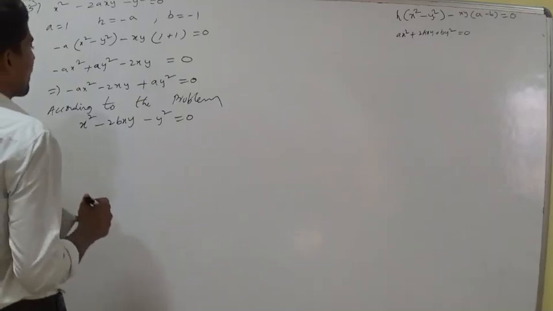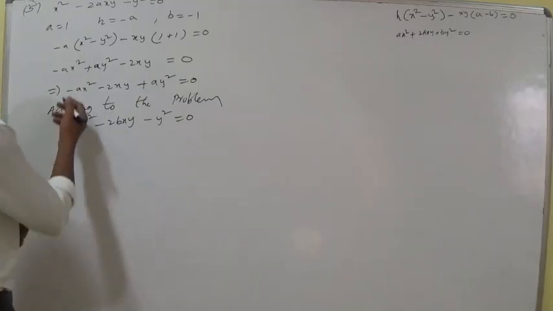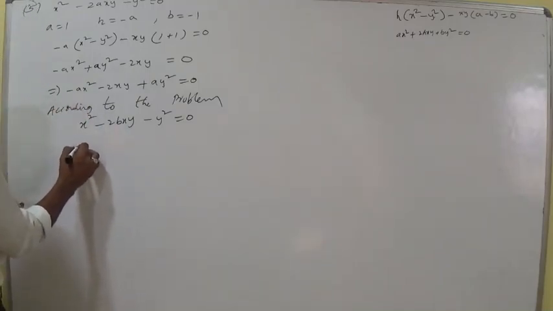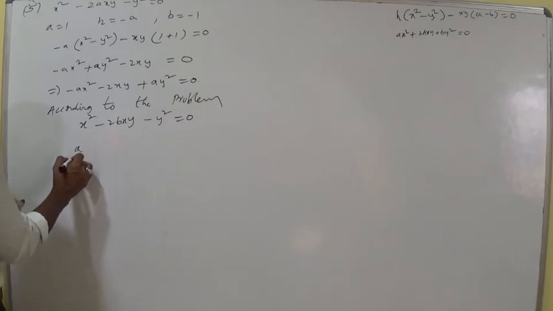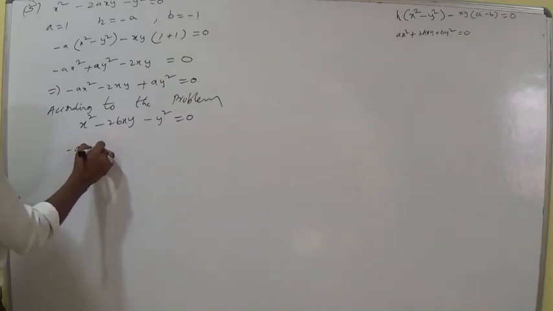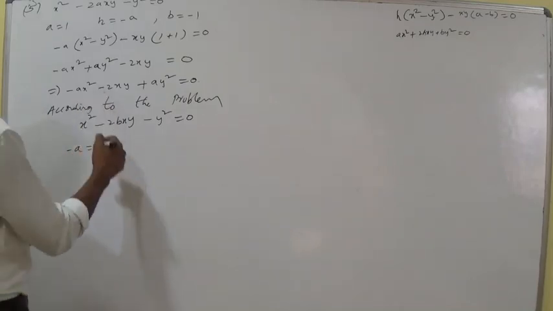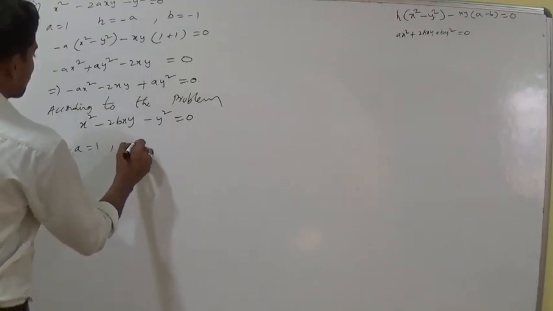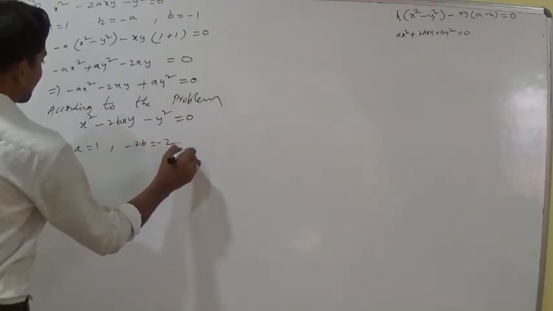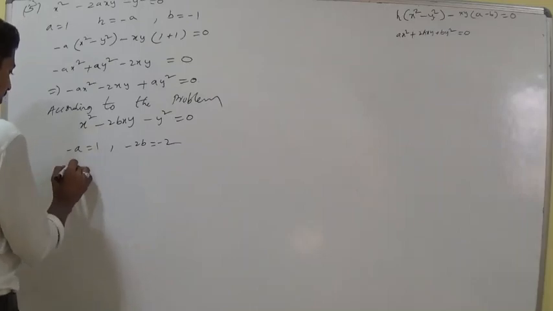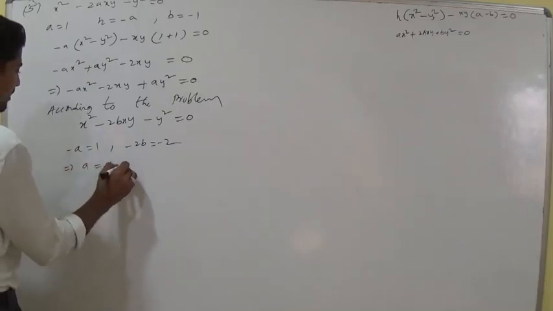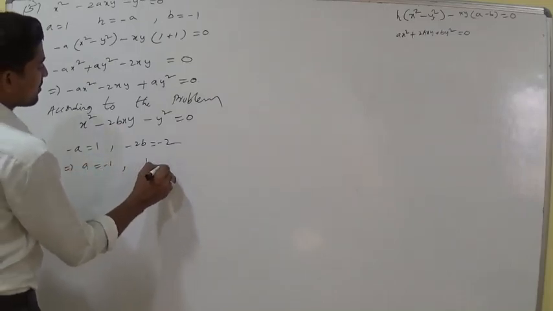Then let us compare the coefficients. Minus a is equal to 1, and minus 2b is equal to minus 2. That implies a is equal to minus 1 and b is equal to 1.